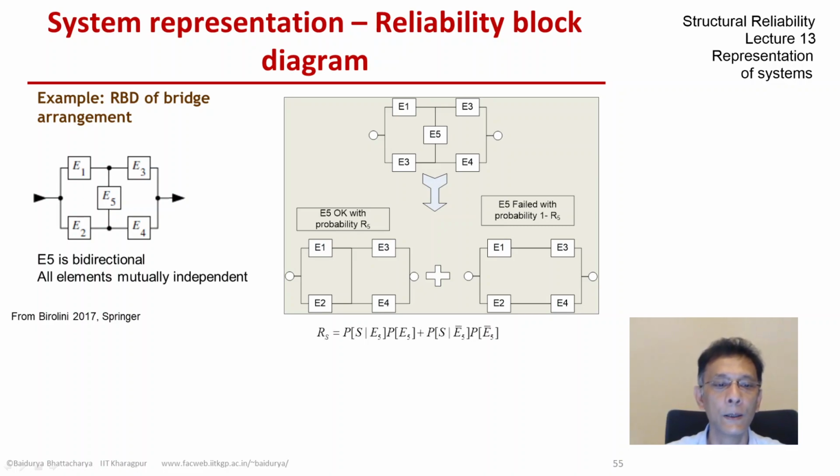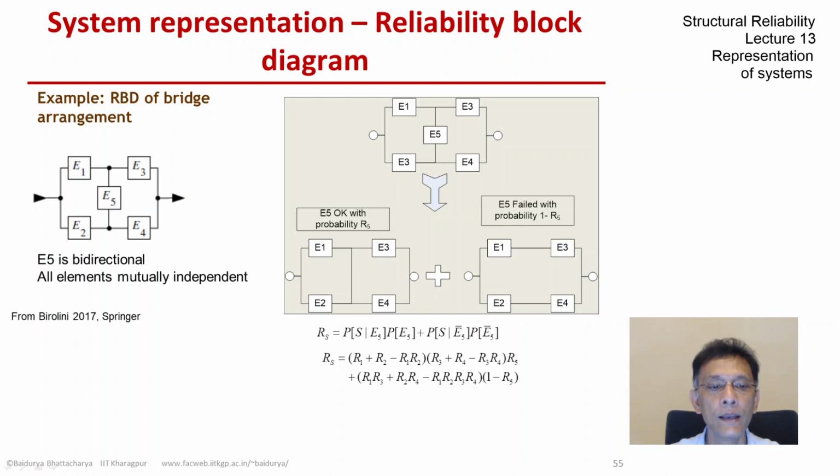So we use the theorem of total probability. The system reliability is the system reliability given that element 5 is okay times the probability of element 5 is okay, plus the same system but given element 5 has failed times the probability of its failure.